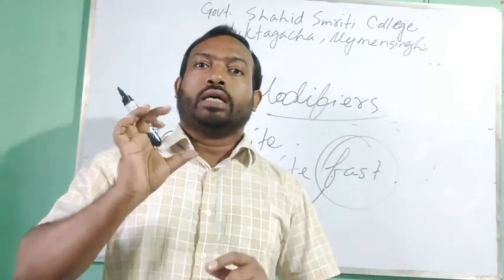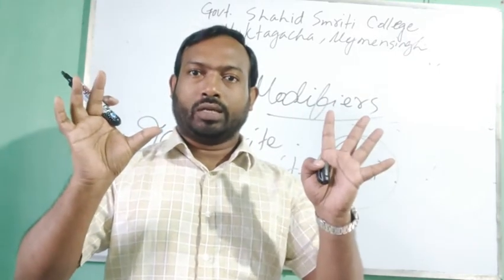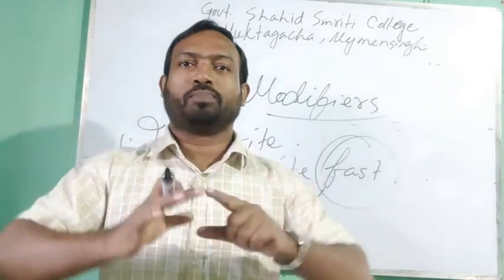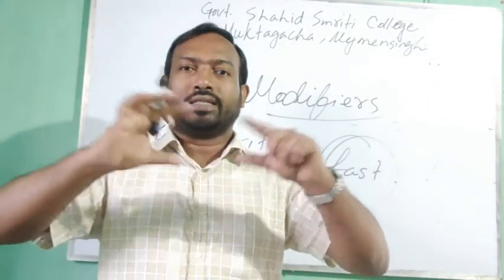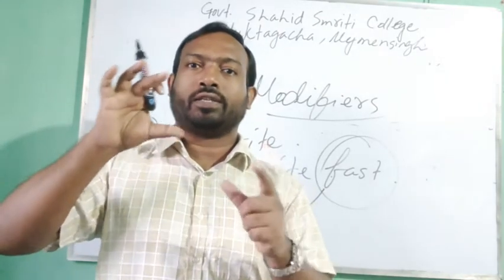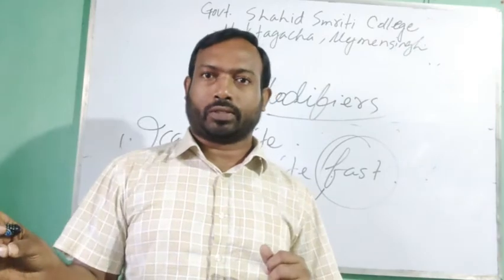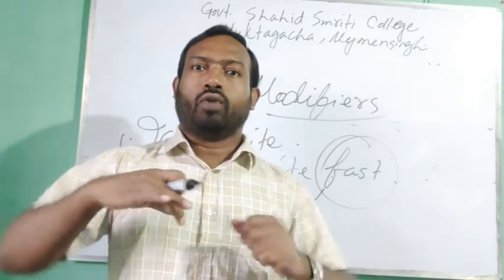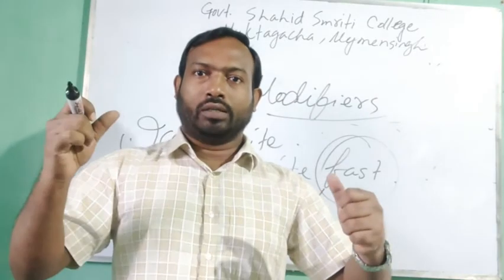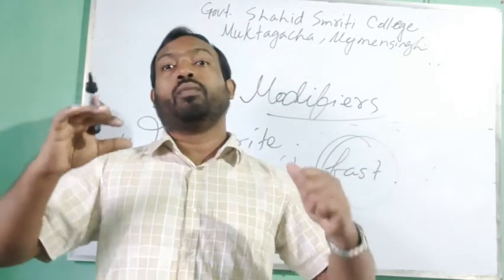So we have to be careful about who modifies whom, which parts of speech are modified, and which are the words, phrases and clauses that modify those parts of speech. So one by one we have to learn what are the modifiers and what are modified.